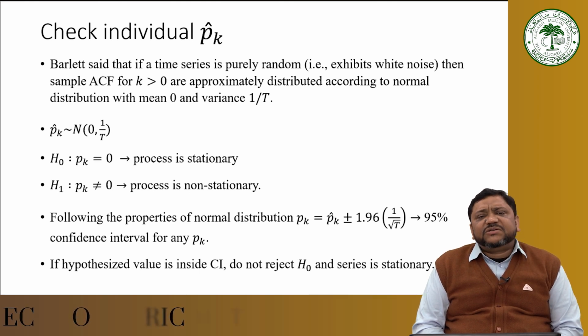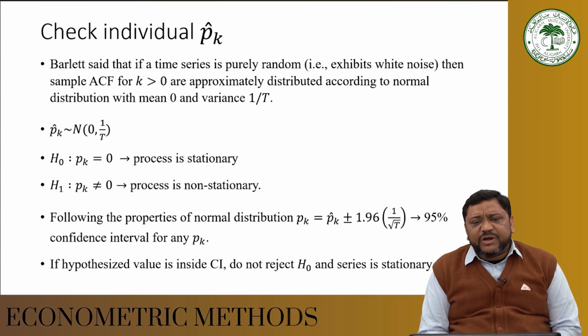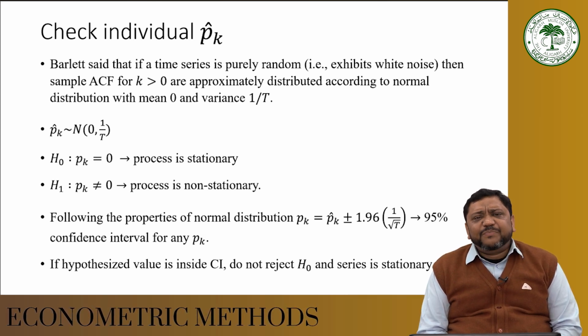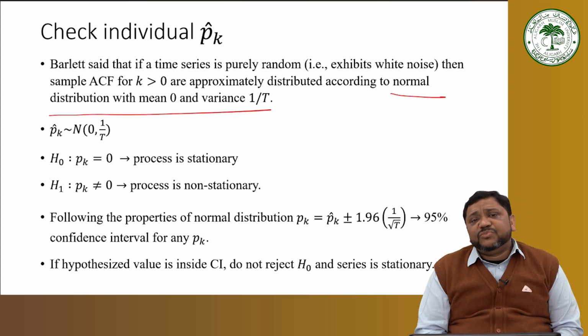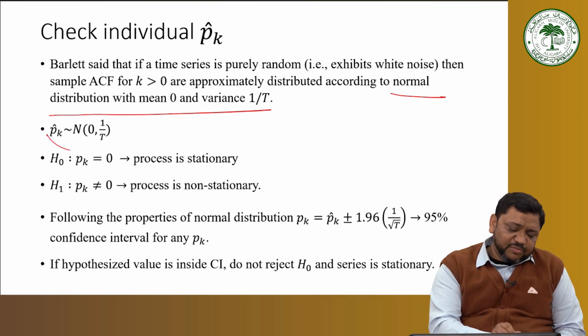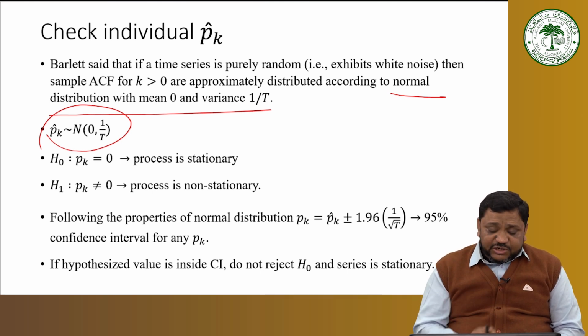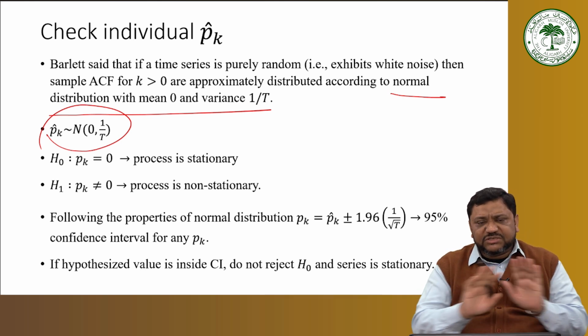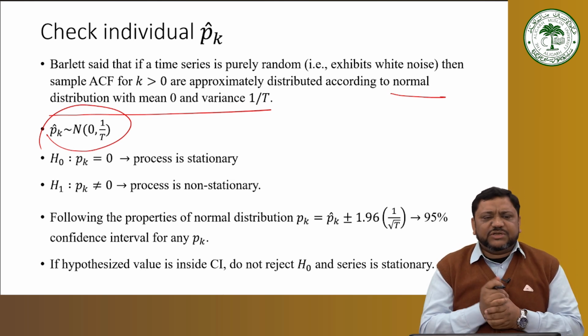Bartlett's idea was that if a time series is purely random, that is, it exhibits white noise, then the sample autocorrelation function for any k greater than 0 is approximately normally distributed with mean 0 and variance 1 upon T. So if rho k is equal to 0, the process is stationary. If rho k is not equal to 0, the process is not stationary.